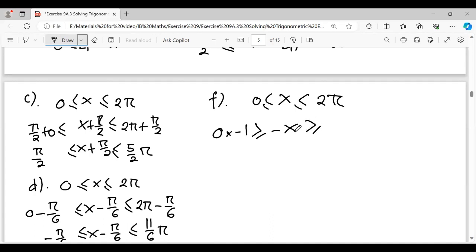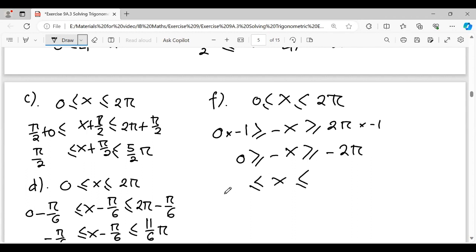We have to change the direction because of times negative or divided by negative. We have to change the direction, pi times negative 1. So it will be 0 minus pi, or we can change the direction like this. Okay, negative pi and 0 here.